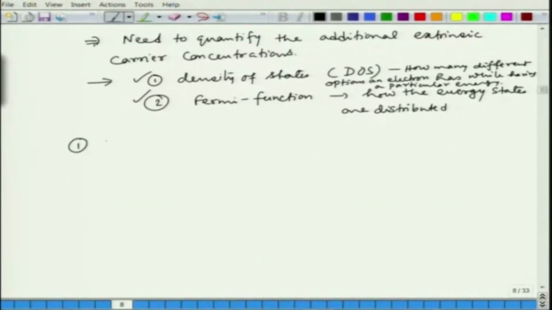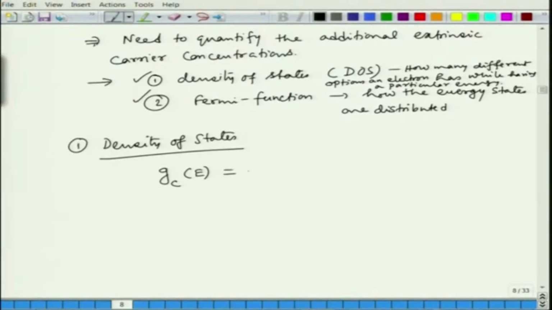So, first thing we will look at the density of states, and this density of states can be expressed very simply in terms of, for the conduction band, here G stands for the density. So, for conduction band, this C stands for conduction band and E is for that particular energy. We are talking about this, right? For a particular energy, how many states are available.